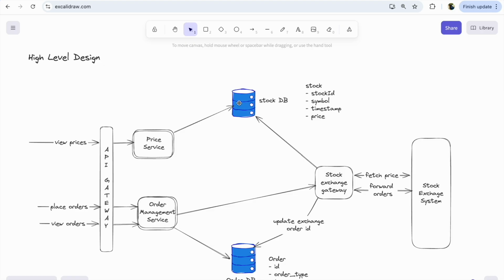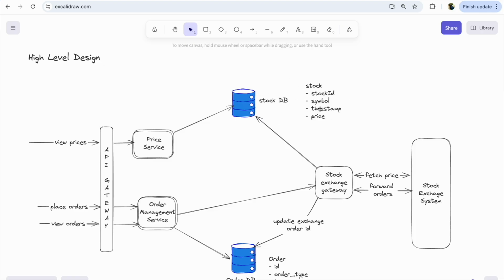First of all, what should be the data model for this stock database? We'll have a stock table. We need to store the stock ID and the symbol, and for each timestamp what the price is, because here we are storing all the price changes for the stocks, right? So what type of database do you think will be good for this stock database?